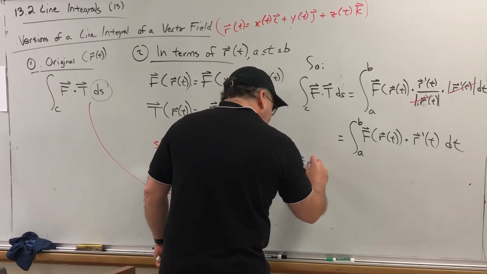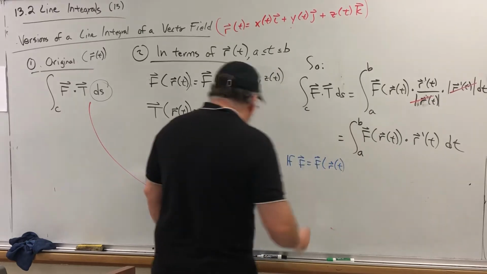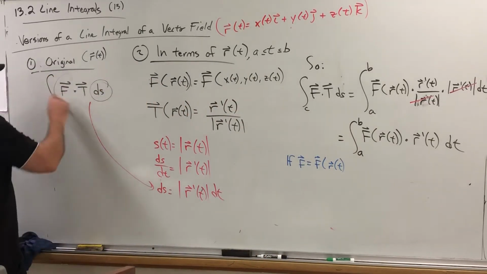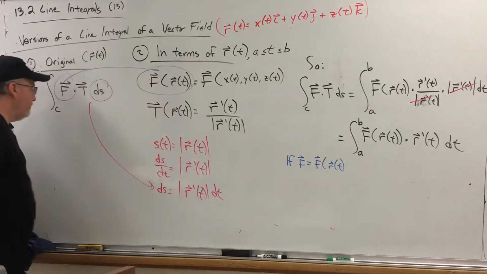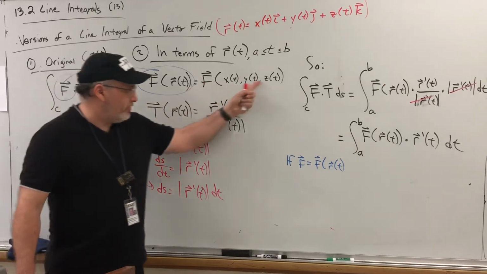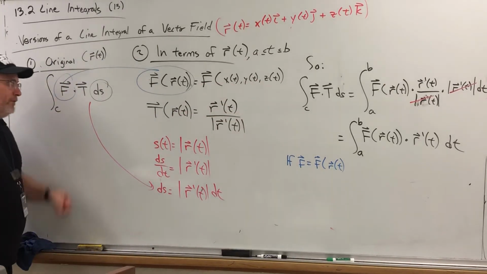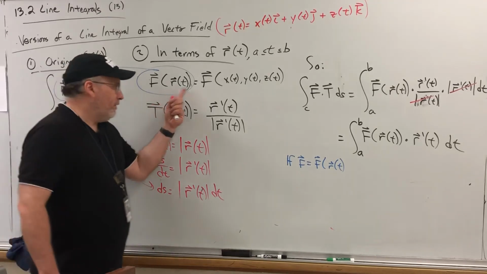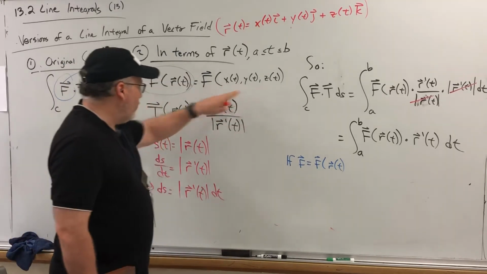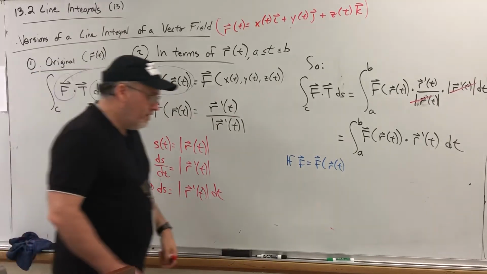If F is equal to F evaluated at r(t), which it is, we kind of made that leap casually, but we have to put something into this vector function, this vector function's component functions. So we can just capsulize it all the way back down to just vector F.